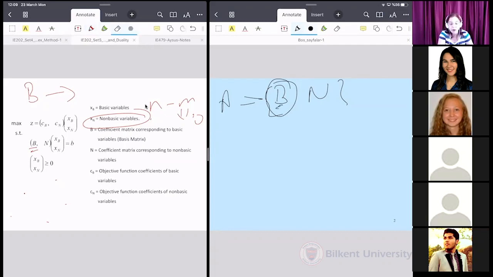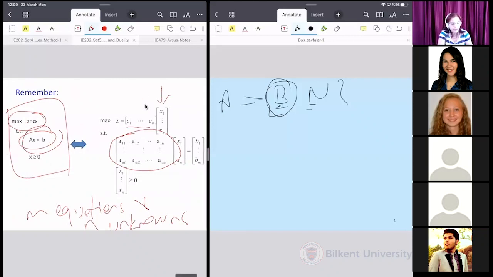And according to this partition, we're partitioning the variables. We're setting some of them to 0. So according to this partition, you have to partition your x vector and your c vector too. Remember, this is how they're coming. So I played with, hold on, let me clean this up.